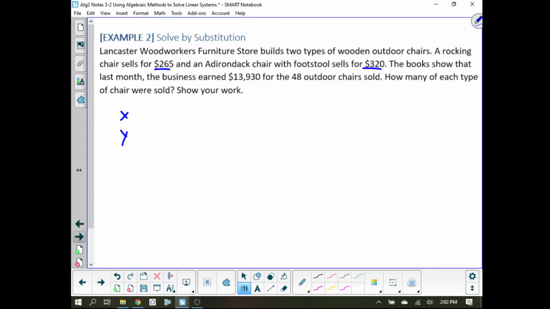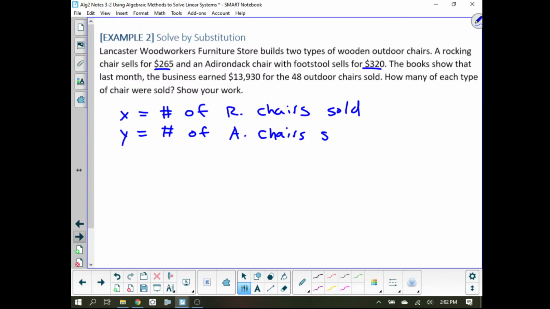We have rocking chairs and Adirondack chairs. So I'm going to let x be, just to make it consistent, the rocking chairs. So x is number of rocking chairs sold, and then y is going to be number of Adirondack chairs sold.